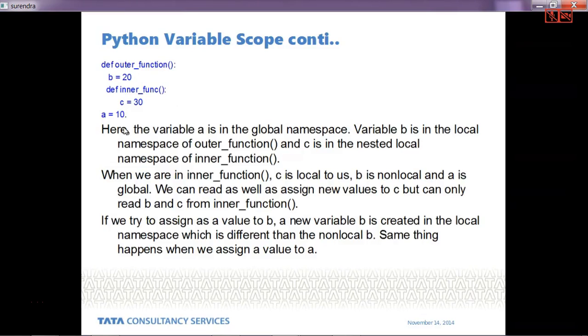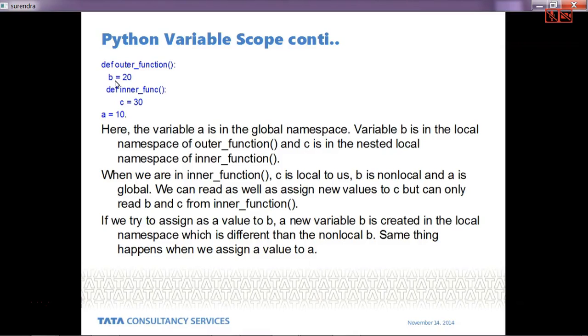We can read as well as assign a new value to C, but can only read B and A from the inner function. If you try to assign a value to B, a new variable B is created in the local namespace, which is different from the non-local B. The same thing happens when you assign the A value to B or the B value to A. Why?